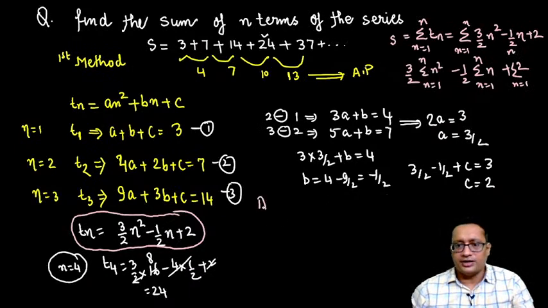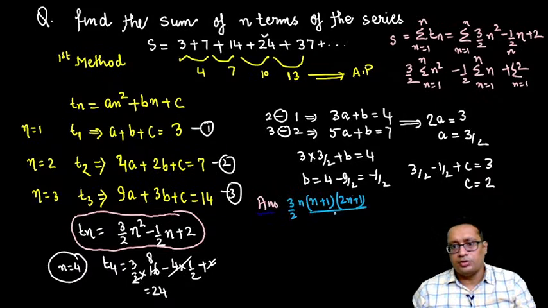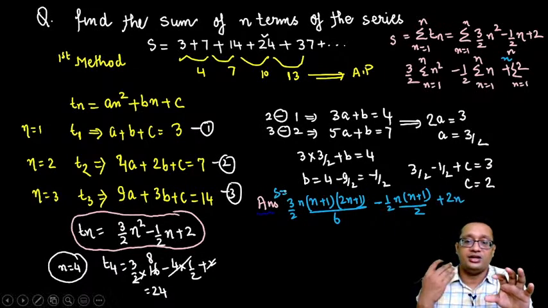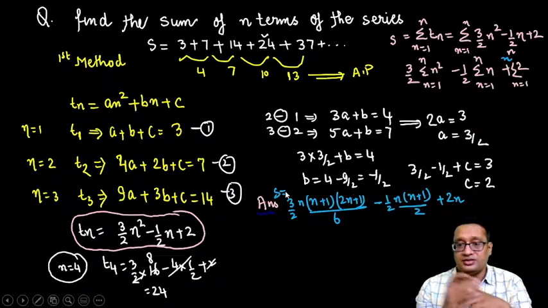So I am writing here the answer. What will the answer become? n into n plus 1 into 2n plus 1 by 6, minus half n into n plus 1 by 2, and for the 2 it becomes 2n. Just check as n equal to 2, you will get the sum of the first two terms as 10, and your answer is correct.